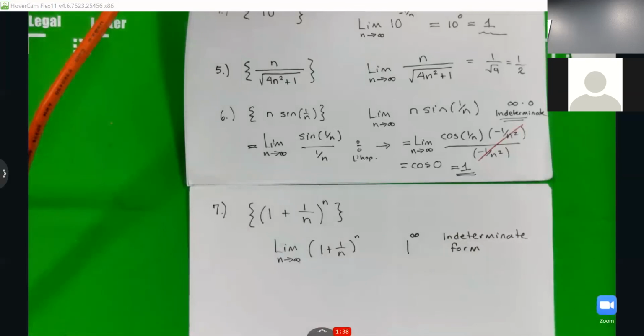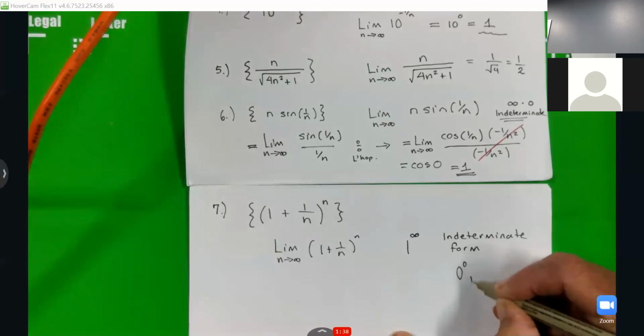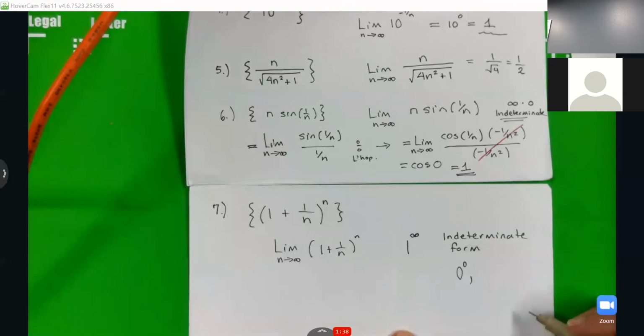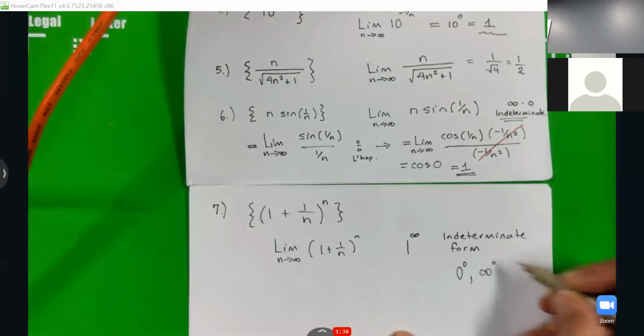There were several exponential types of indeterminate forms that you encountered back in chapter 4 when you were in calculus 1, believe it or not. 1 to the infinity, 0 to the 0, infinity to the infinity are indeterminate forms of the exponential type, and you'll approach the limits the way we do this one.